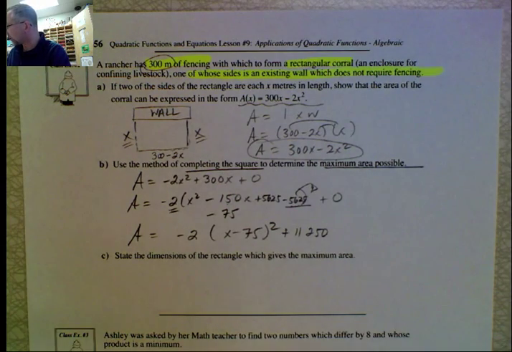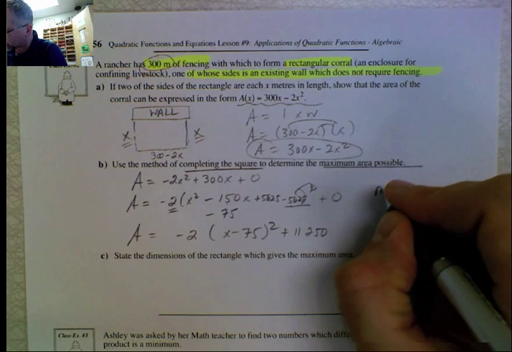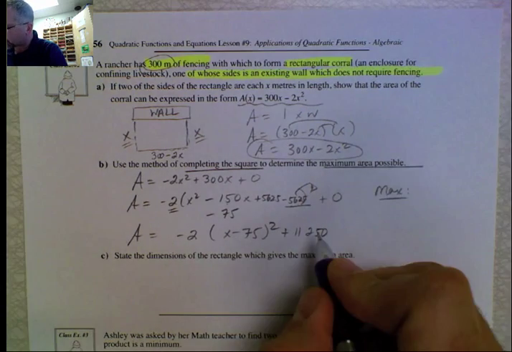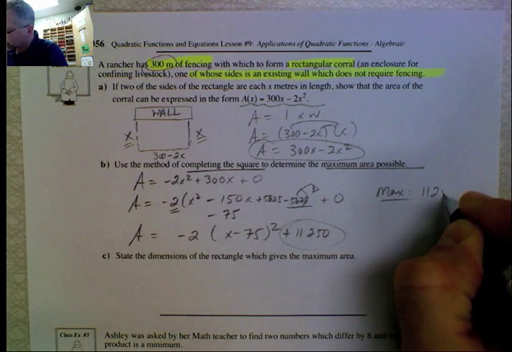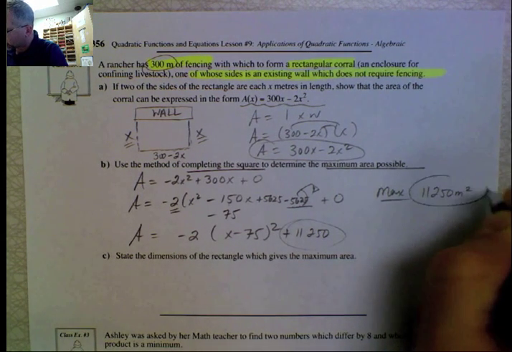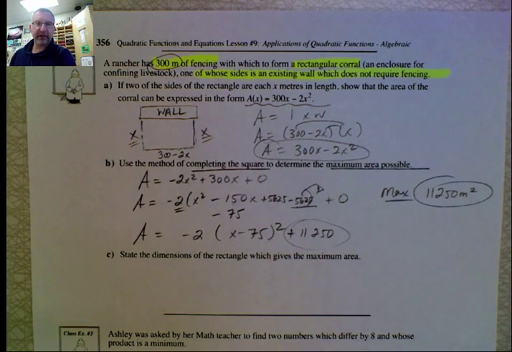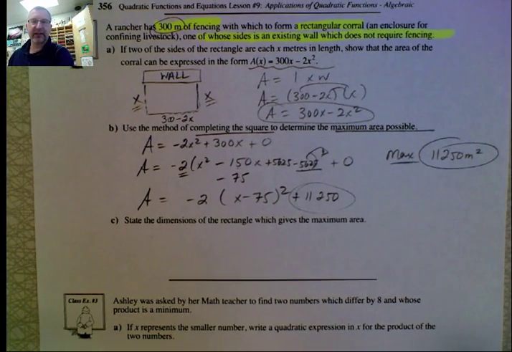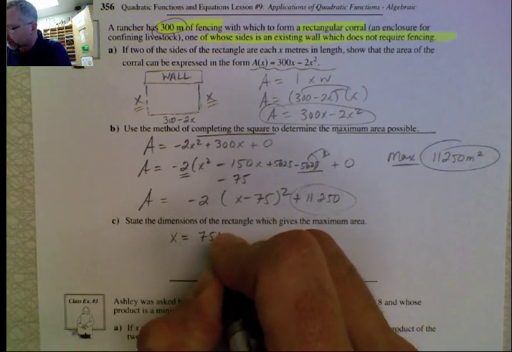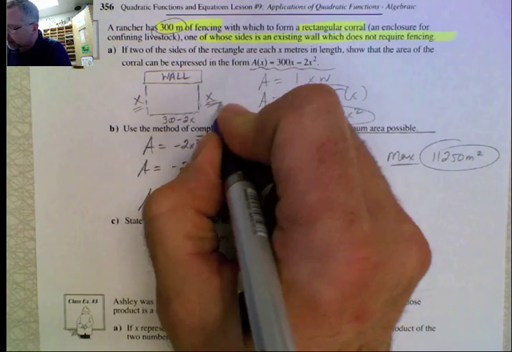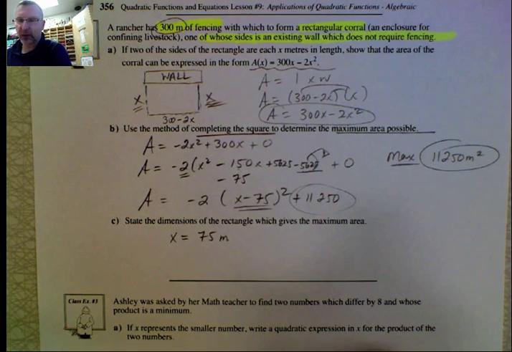And it asked us to determine the maximum area. Remember, the maximum quantity is always our q value. So in this case, the maximum area is 11,250 meters squared. It says state the dimensions of the rectangle. The width is going to be 75 meters because the x represents our width in our problem.